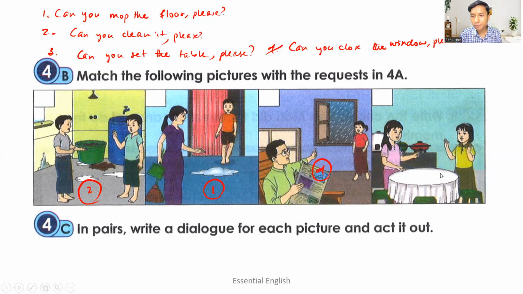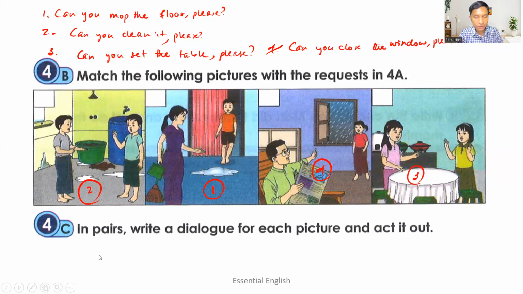And the next one, I think it's in the kitchen or maybe in the dining room, and they want to have dinner or lunch or something like that. So the elder one wants the younger one to set the table. So how can she make the request? Can you set the table, please? So you have to use request 3 for this picture.